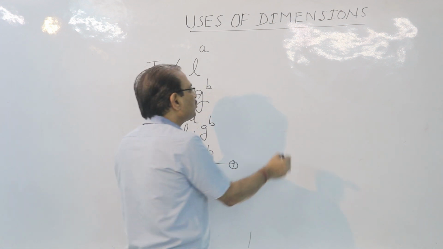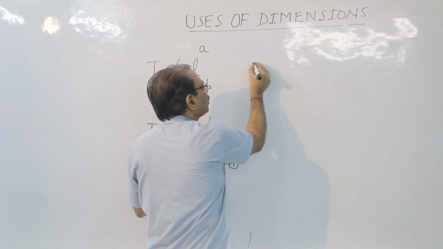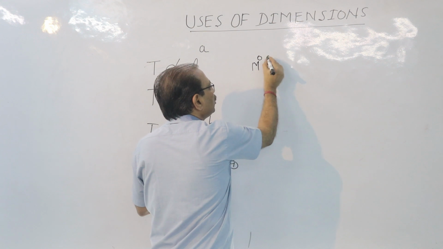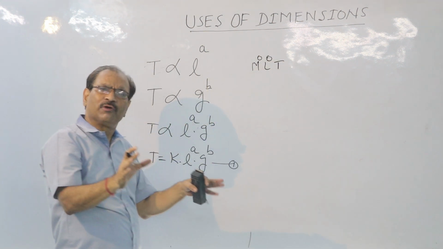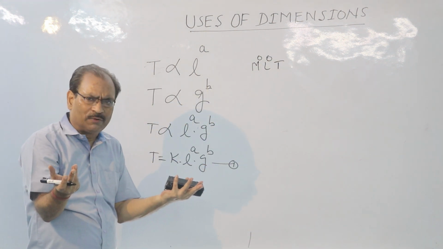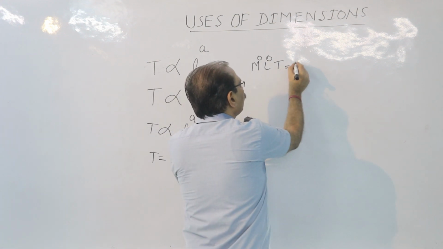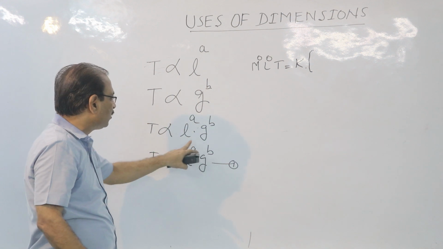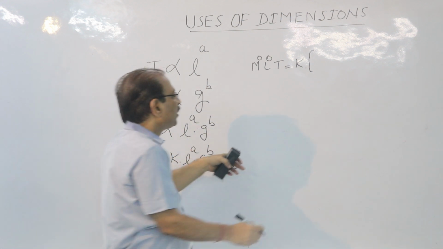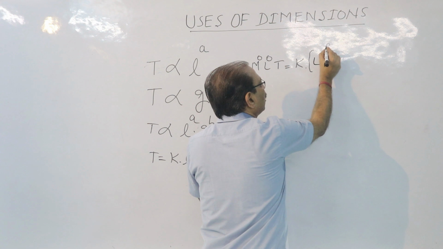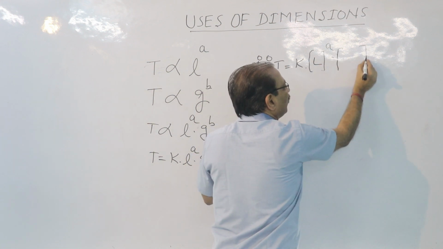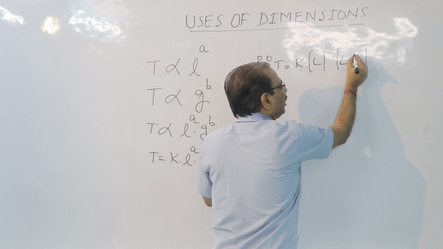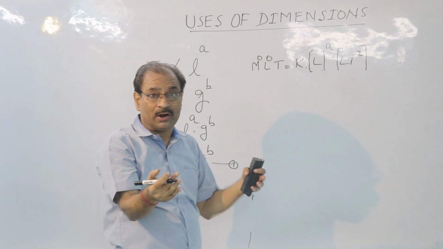So writing the dimensions, the time period is M0 L0 T, you can even write simply T. Makes no difference. Is equal to K. Can you tell me the dimensions of L? L means length. Yes, it is L. So it has to be L power A, and the dimensions of acceleration due to gravity is L T minus 2, meter per second square. Acceleration, it is power B.